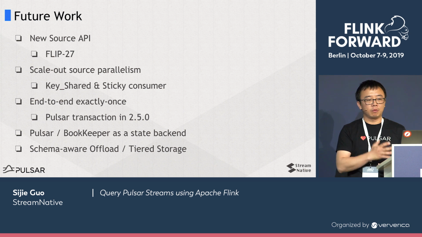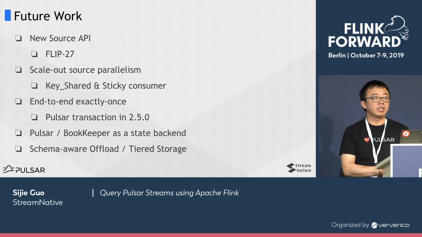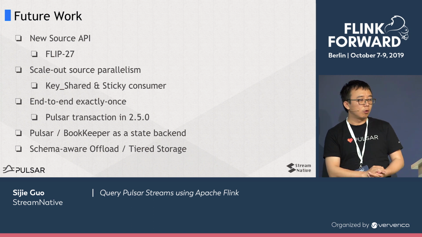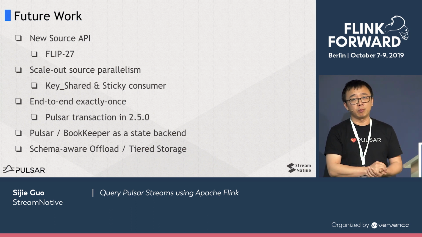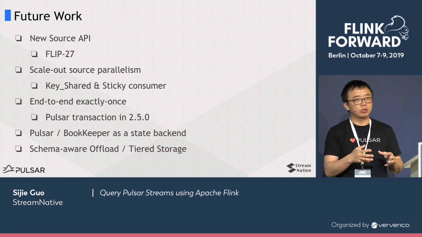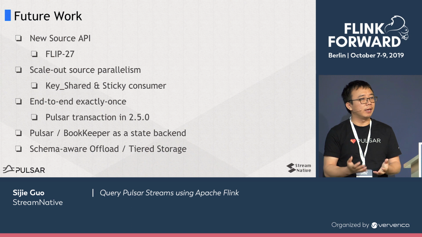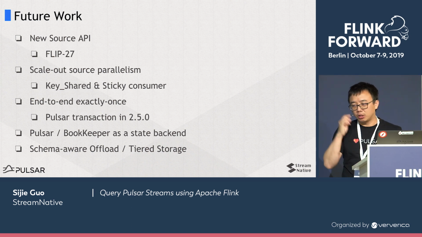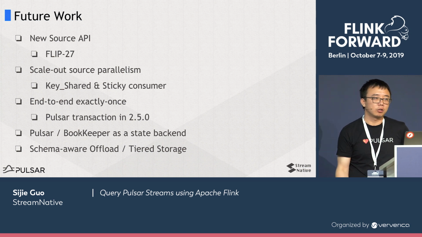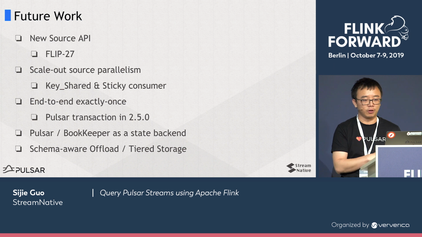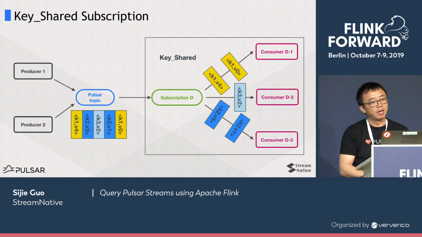Right now, we don't leverage schema when we tier data from warm storage to tiered storage. If we can leverage the schema information, we can produce a more compact structure stored in tiered storage, using Parquet, ORC, or columnar data. That is the direction we have been working on to push the integration between Flink and Pulsar forward.